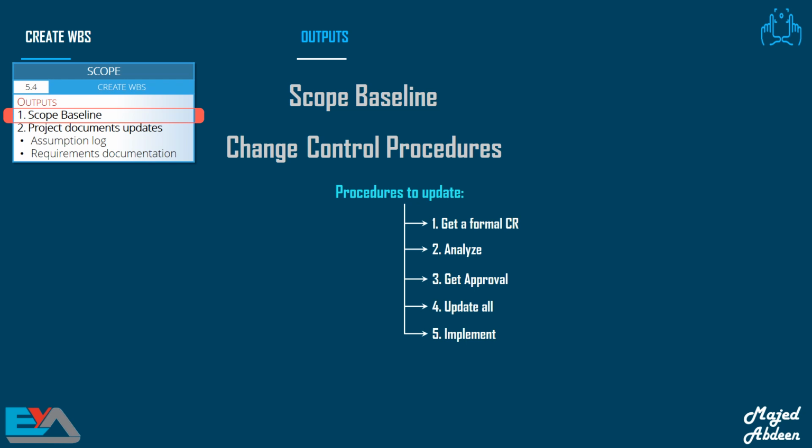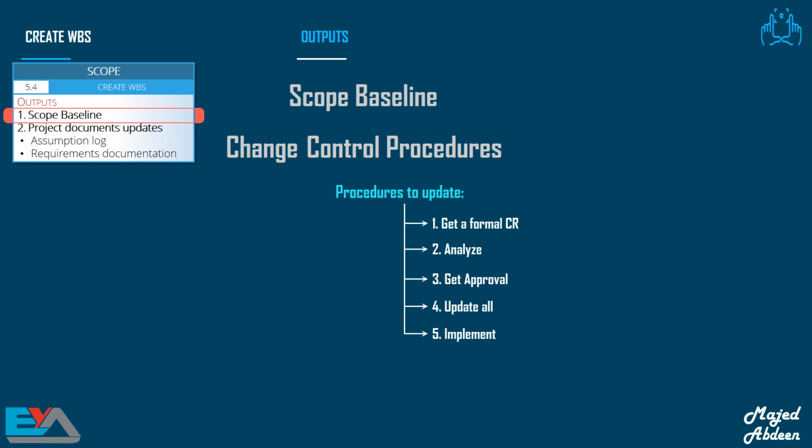Before we start implementing any changes in the scope baseline, first we have to get a formal change request. Then we need to analyze the impact on the project, because the change might impact the cost or the project duration, for instance. After we've analyzed the impact, we present the aspects of the project which will be impacted by the change to senior management, maybe the sponsor, the program manager, or portfolio manager.